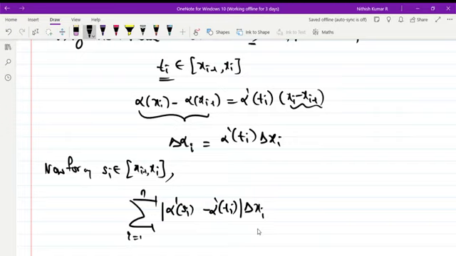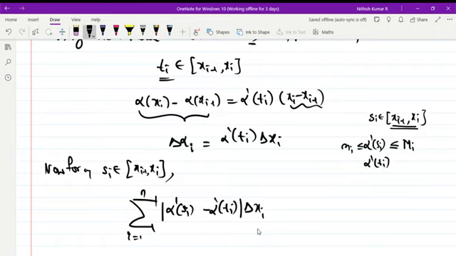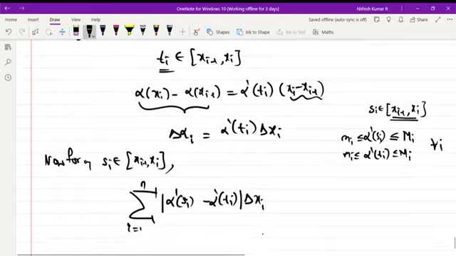Now observe, si is in between xi minus 1 and xi, and Mi is the supremum of alpha dash in this interval. So alpha dash of si must be less than or equal to Mi, and greater than or equal to small mi. Similarly it is true for alpha dash of ti. It is true for all i between 1 and n.